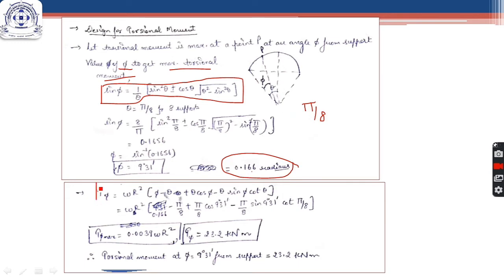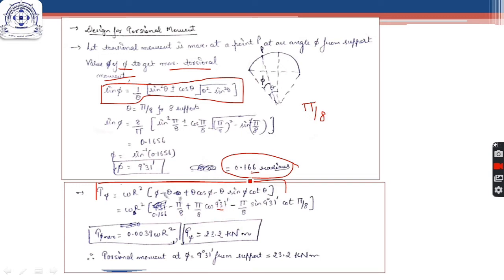So this is the expression for torsional moment: WR square times phi minus theta plus theta cos phi minus theta sin phi cot theta. So phi we get as 0.166, theta is pi by 8. I am doing all the calculations in radians. Although I have written here 9 degree 31 minutes, when I solved this question I changed it to radians and then did the calculations.